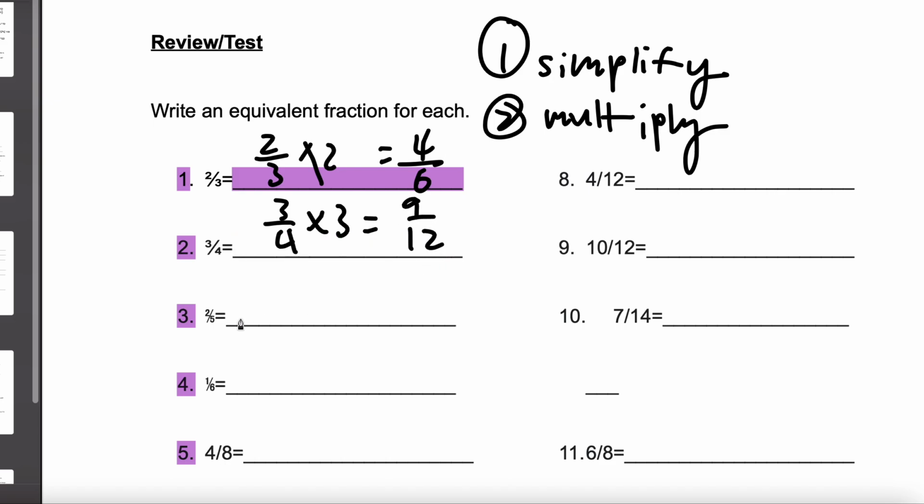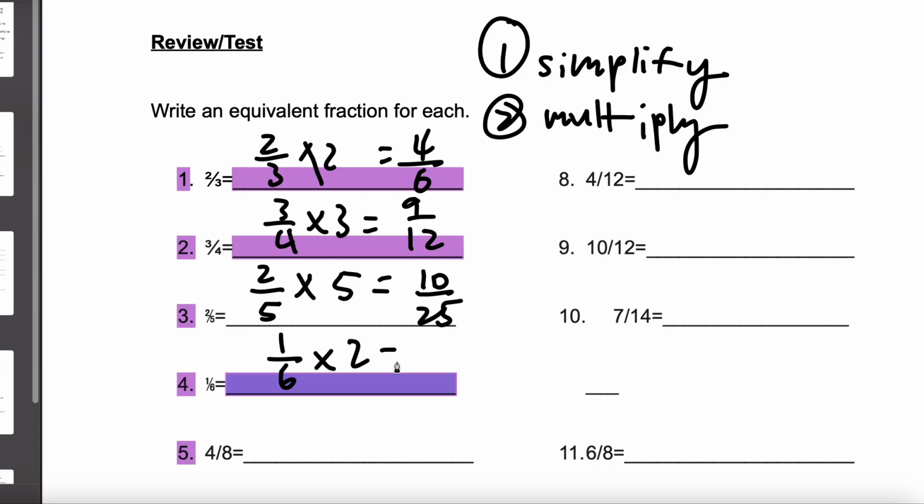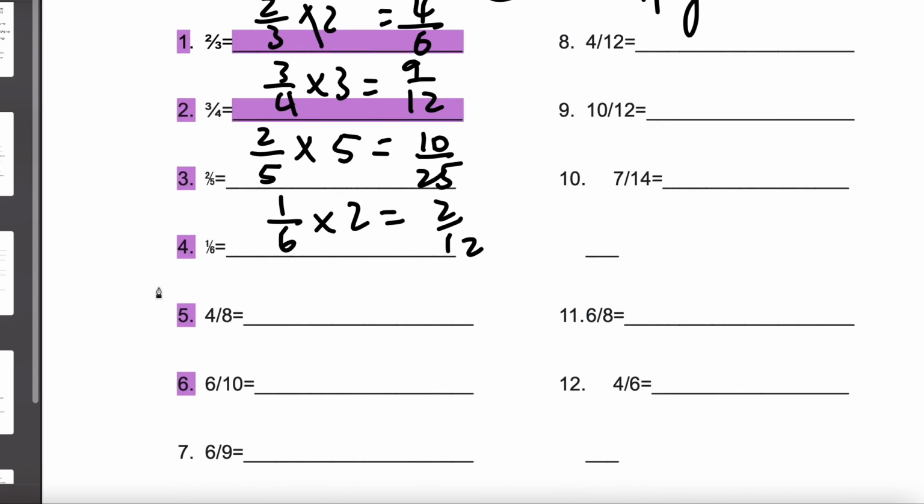And as you can see, I'm multiplying by any number I want. You don't have to multiply by a certain number. This I could multiply by 5, and I get 10/25. Number 4, 1/6, multiply by 2, I get 2/12. Number 5, 4/8, I'm going to divide by 2, and I get 2/4.